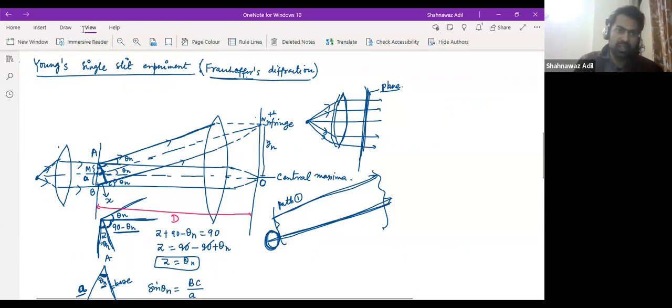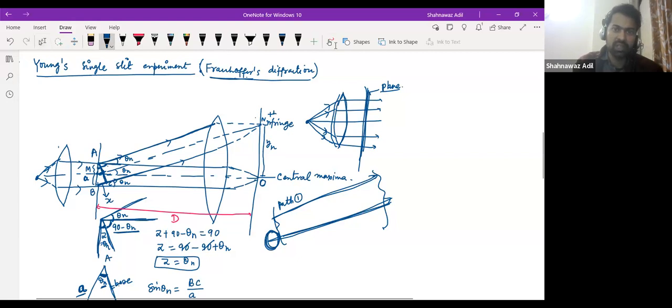So this diagram is very, very important. If we understand this diagram, then everything would be clear. So how do we make this diagram?